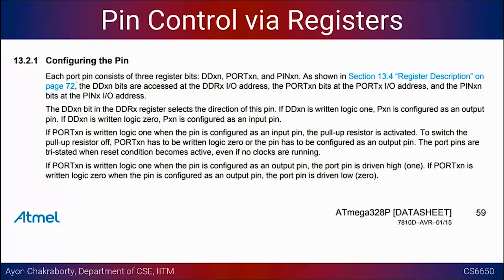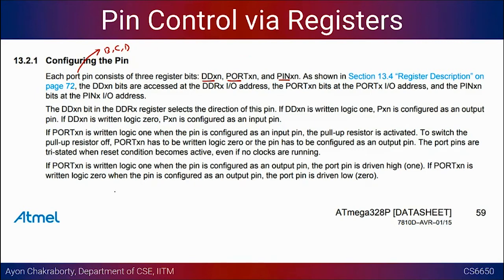We have already mentioned that we have three ports B, C and D. For every port there are three registers: a DDR register, a port register, and a pin register. Within each register there are 8 bits.